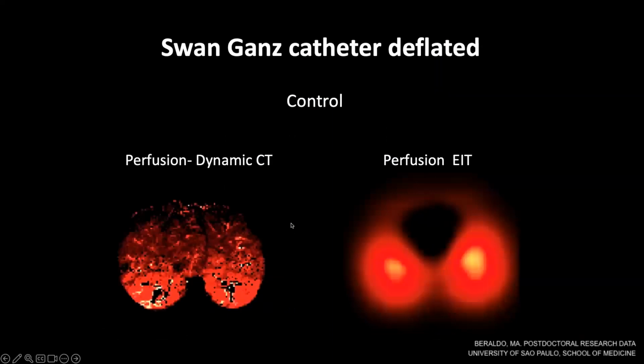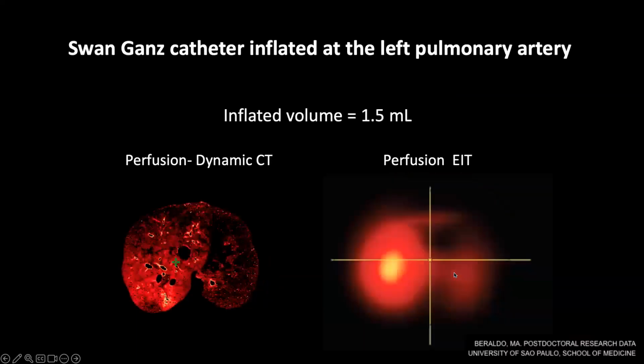This is one example of an animal with normal perfusion distribution assessed by CT scan and EIT. Here, the more red to white pixels show areas with more perfusion distribution, and both methods suggest bilateral normal perfusion distribution.